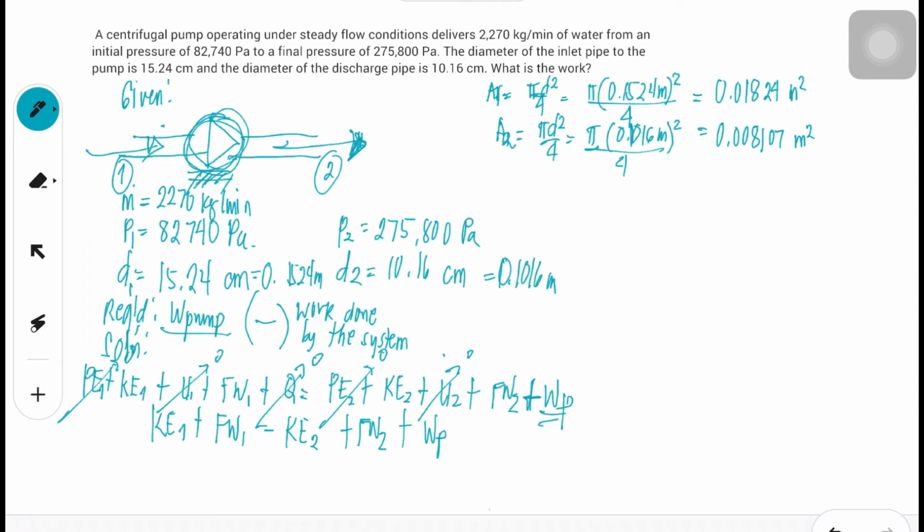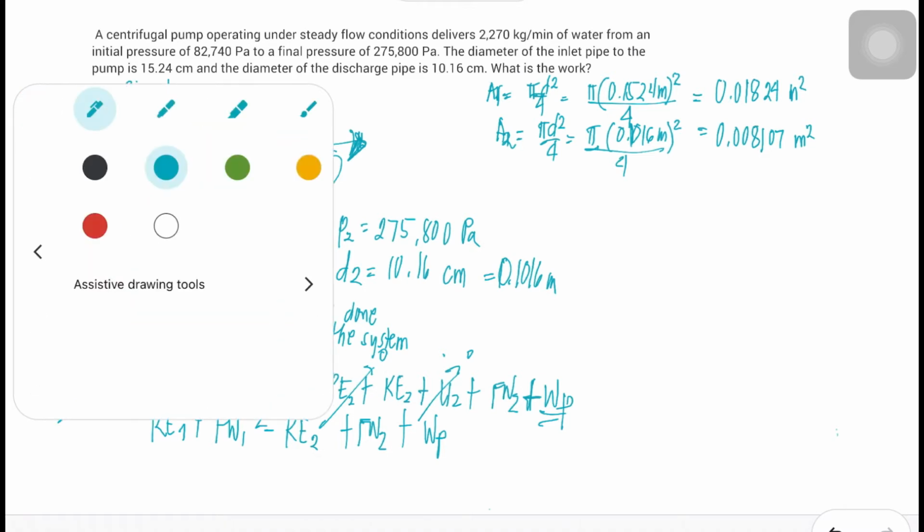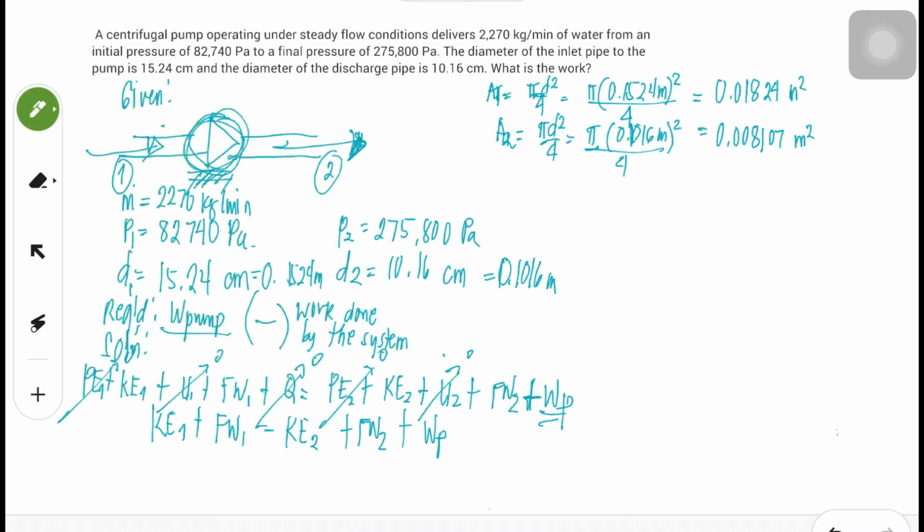And also, since only the flow rate is given to us, we need to compute for the speed at the entrance and the speed at the exit. So we all know that the mass density is equal to mass over volume. Since we are given the mass flow rate, this works.